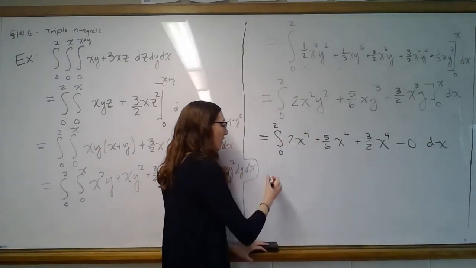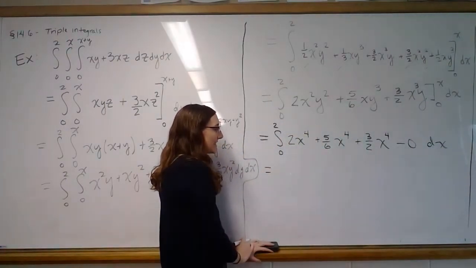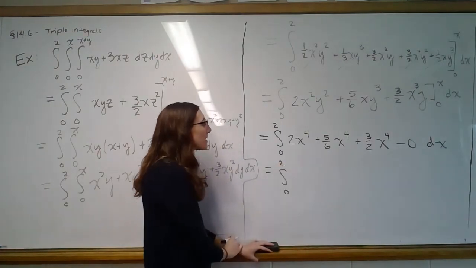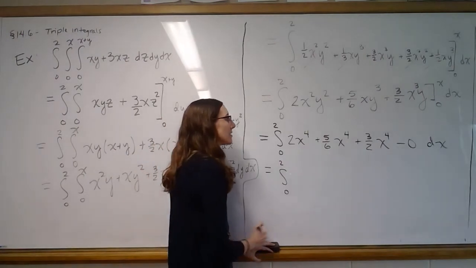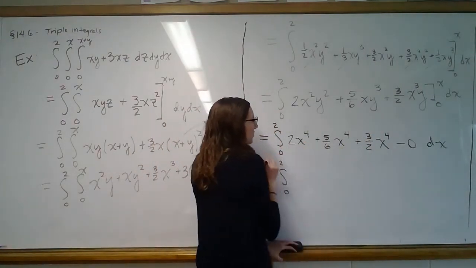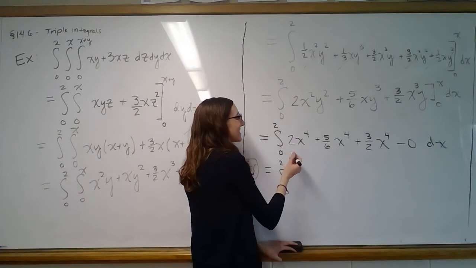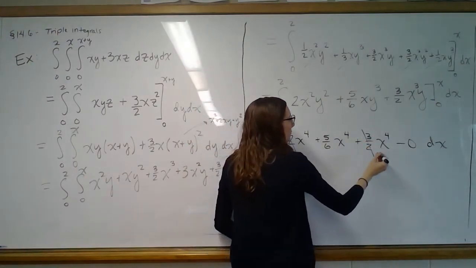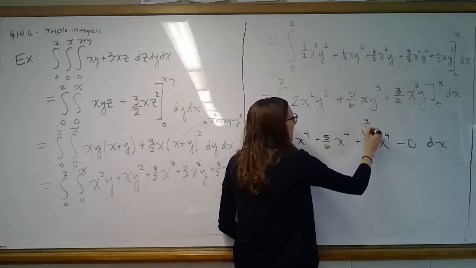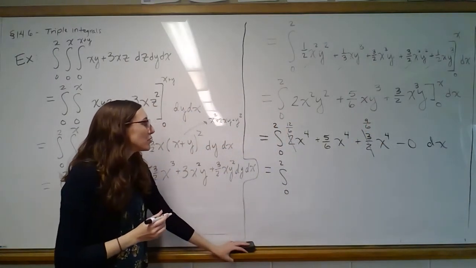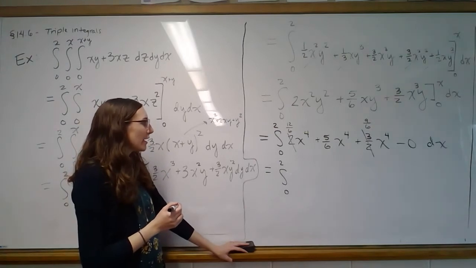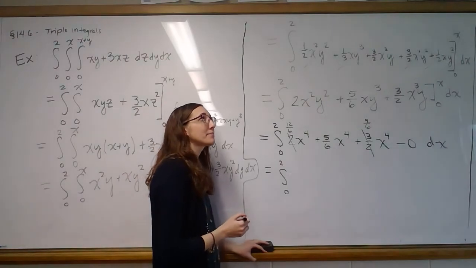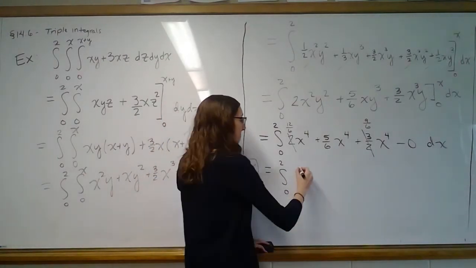So let's combine all of these and do our little mental arithmetic. So we've got 2 and 3/2. Actually, let's just put everything in terms of sixths. So 2 would be 12/6, 3/2 would be 9/6. So we've got 12 and 5 makes 17, and then with a 9 would be 26.